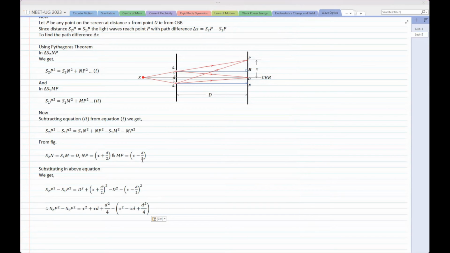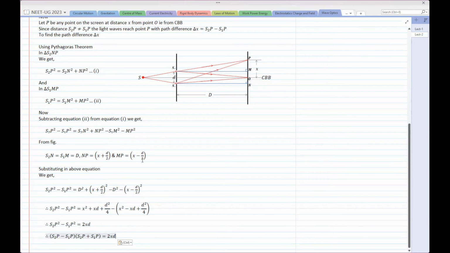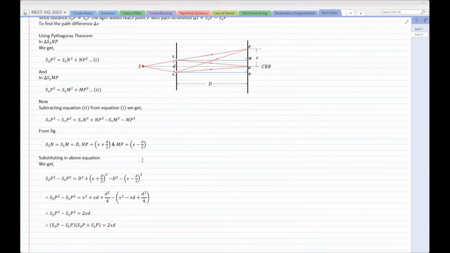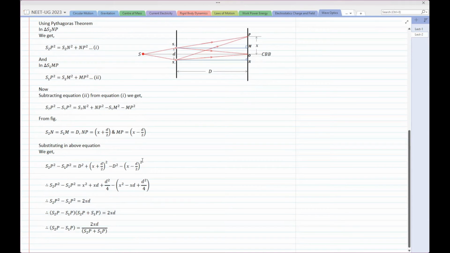Doing this algebra, finally we get S2P square minus S1P square is equal to 2xD. We can write it as S2P minus S1P into S2P plus S1P is equal to 2xD. Then S2P minus S1P, which is the path difference, is 2xD upon S2P plus S1P. You end at this point.